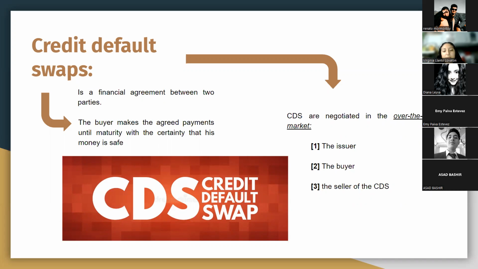And the last one, the seller of the CDS, which are mostly large companies such as banks or insurers who will guarantee the deal between buyer and issuer. So it should be noted that most of these CDS contracts are supported by a continuous premium payment. So a buyer concerned about this loan defaulting uses CDS to amortize and offset his risk.